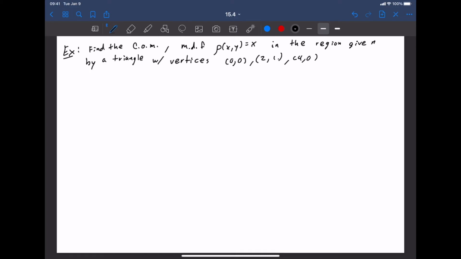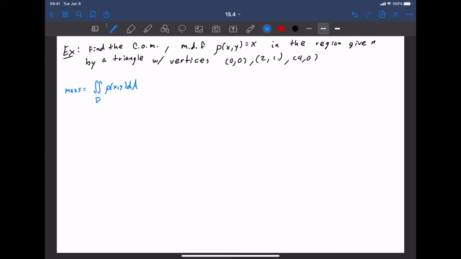So your first goal is to very carefully try to find the region, decide how you would want to integrate it, because our first step is going to be to find the mass, which is a double integral over the region of the mass density function, which in this case is just x. But either way, we want to change this to an iterated integral.